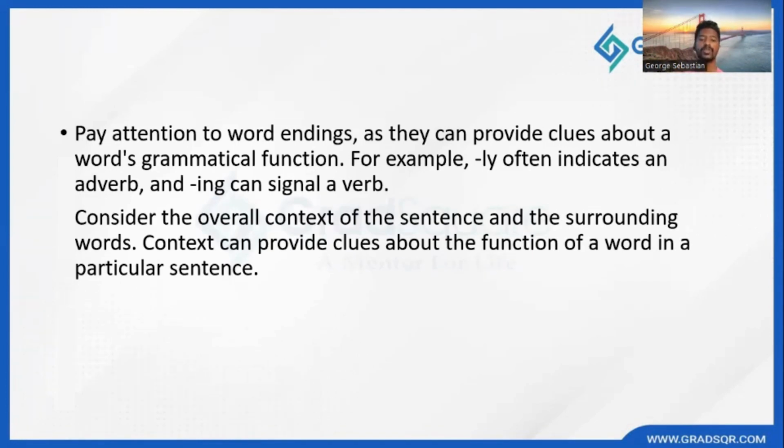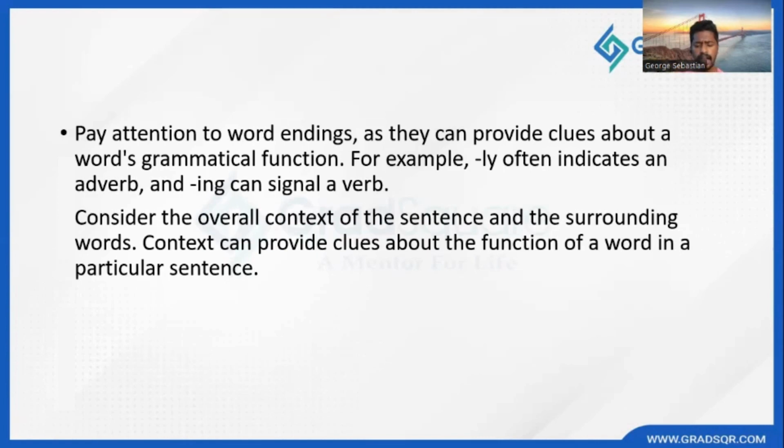That's why I told you we have to understand the given context, right? When we read a particular sentence, first we have to identify what the author means by writing this sentence. We have to get the essence of that sentence. Then we have to look for the subject, because the subject is the one who is doing the action. Then we have to look for the action which is happening.